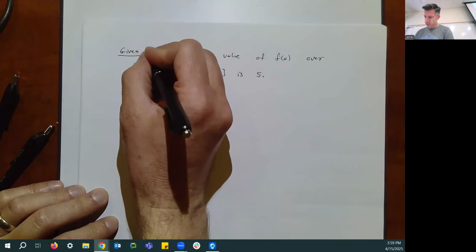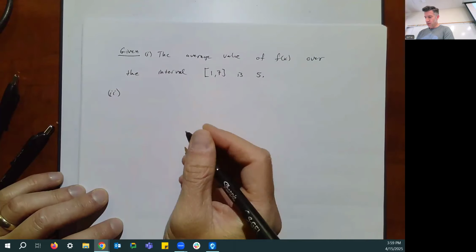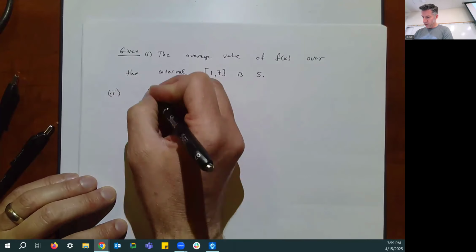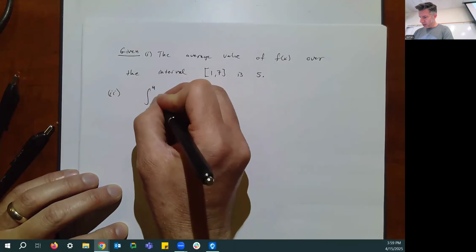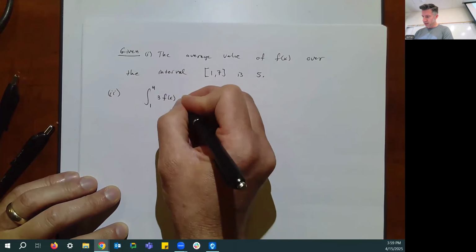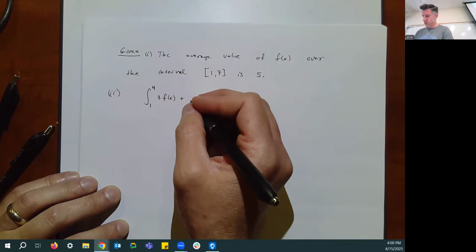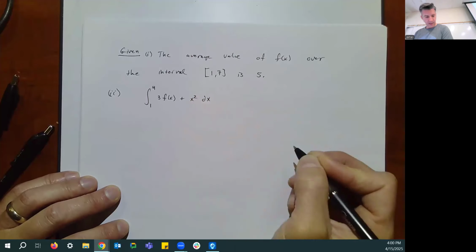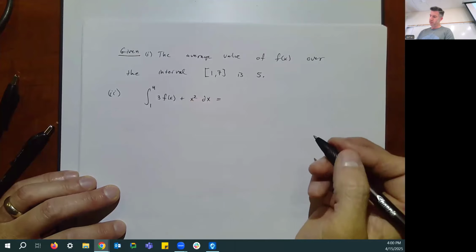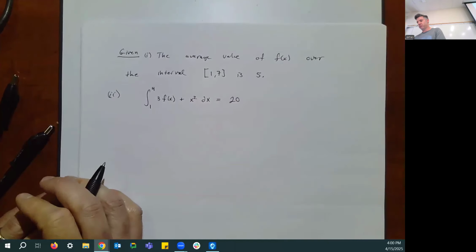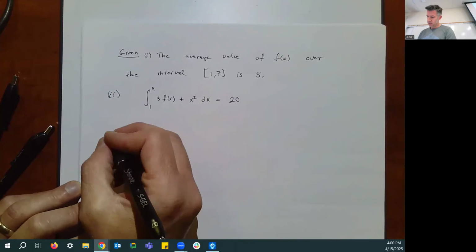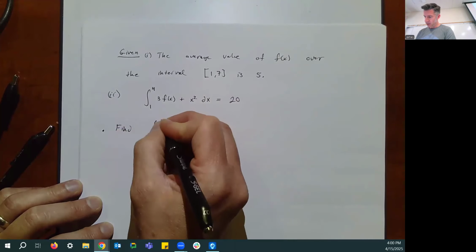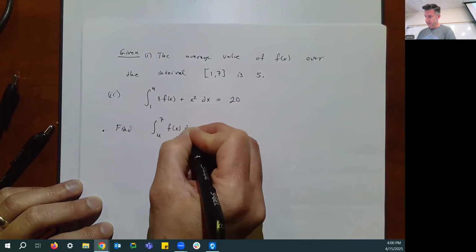And second, the integral from 1 to 4 of 3 times your function plus x squared dx is equal to 20. Find the integral from 4 to 7 of f of x dx.